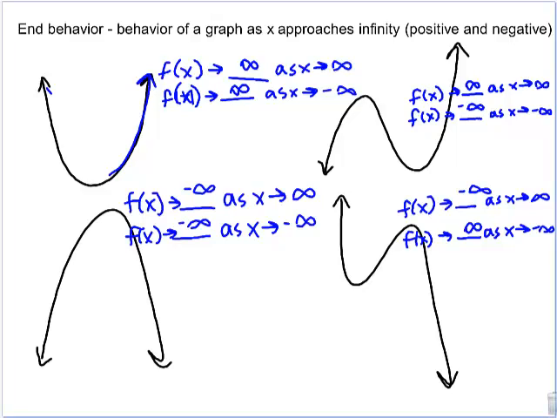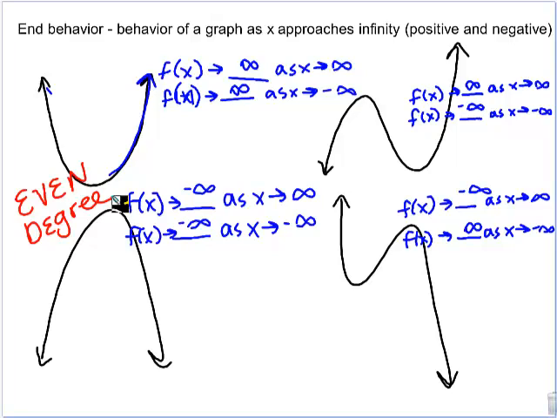It's an even number. So when both of our ends end in the same direction, here they're both ending up, here they're both ending down, this is an even function. So this has an even degree. When the ends of our graph are both up or both down, it's an even degree function.